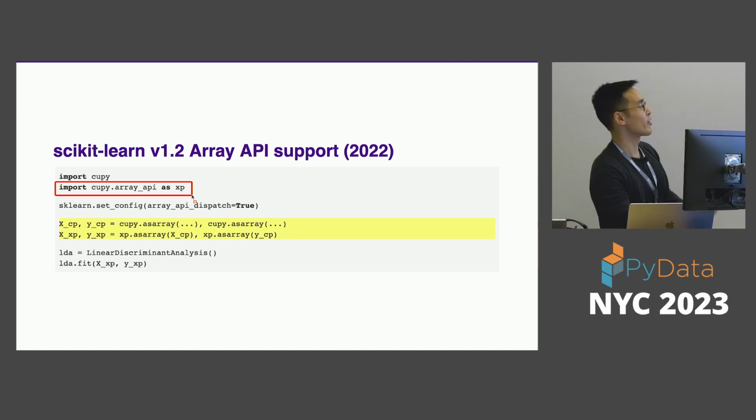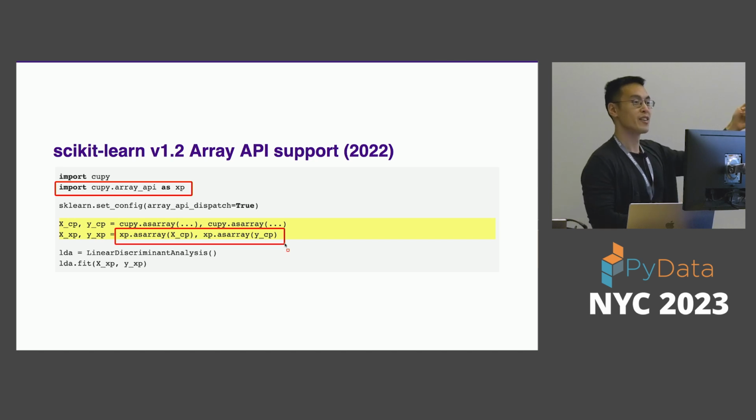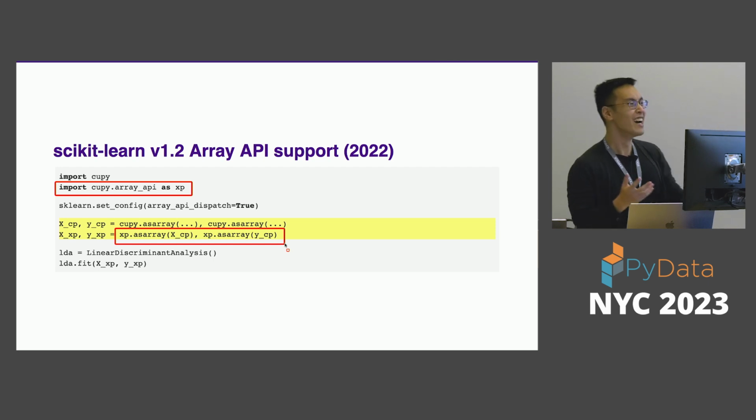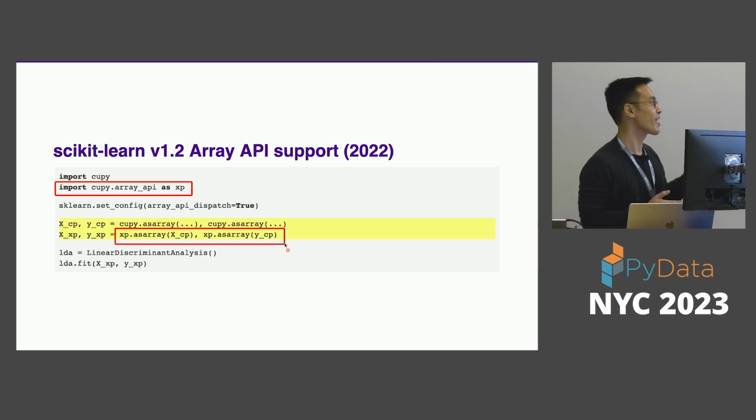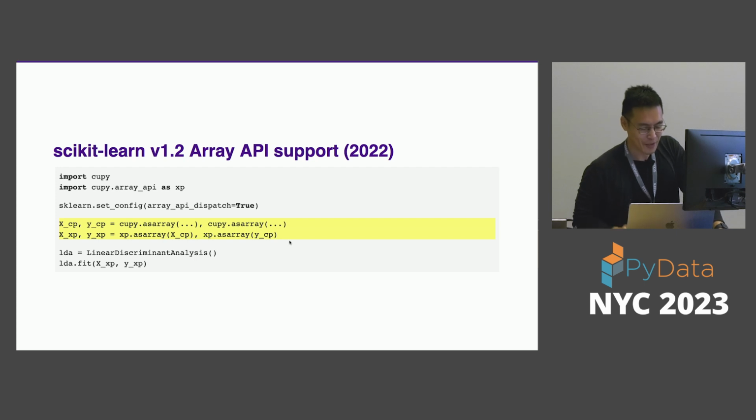You can see I imported xp from the CuPy array API namespace, and users also have to do this conversion to use the spec, which is not the best user API. That's why I didn't talk about this in 2022. It's like a secret feature, because I thought this API was horrible, and I think it is. Anyways, this is what it looked like in 2022.